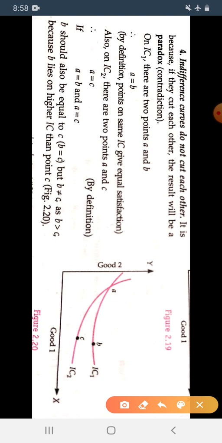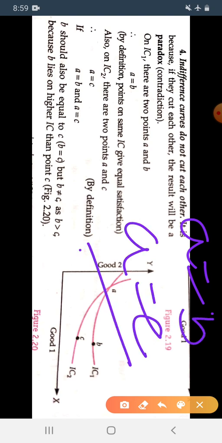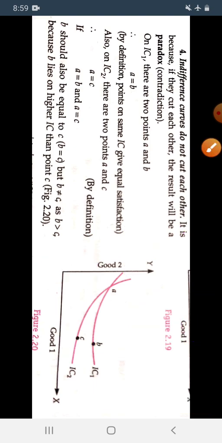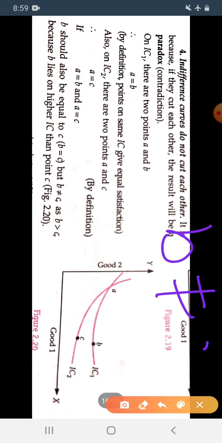The consumer is on an IC curve, there are two points, point A and point B. On IC2 there are also two points, A and C. It is given here that A equals B and A equals C, so B should also equal C. But here B is not equal to C.